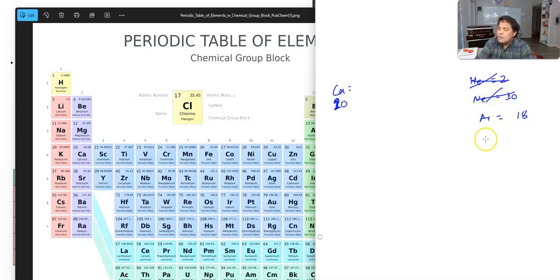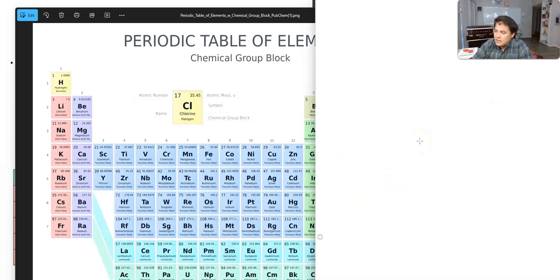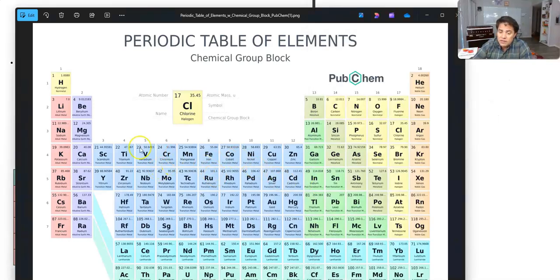Argon is 18. Argon is pretty close to calcium. So what will be the charge on Ca? Calcium is 20 and argon is 18. That's why 20 minus 18 is equal to +2. So calcium will be +2. This way we can predict the charge. However, it doesn't work for the transition metals; they have lots of exceptions. But for the main group elements, it works.